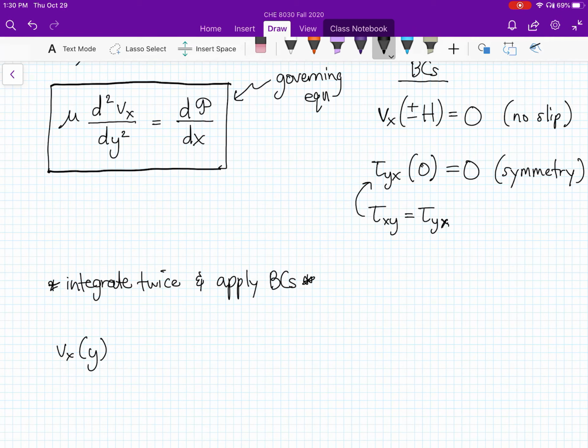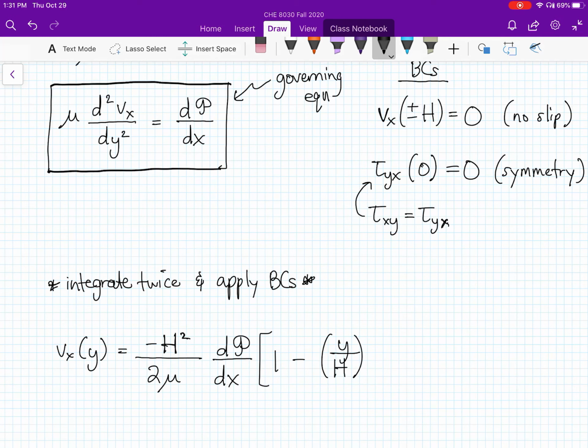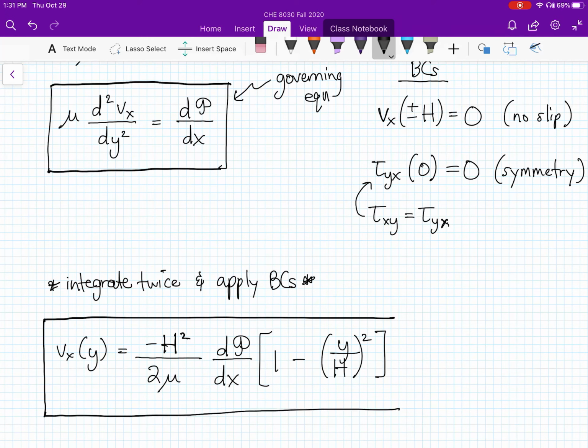So the x component of the velocity as a function of y is equal to negative h squared over 2 mu multiplied by the derivative of funky p with respect to x, times 1 minus the ratio of y divided by half my channel thickness, h, squared. So that is the velocity profile of the fluid when we have flow between two parallel plates.